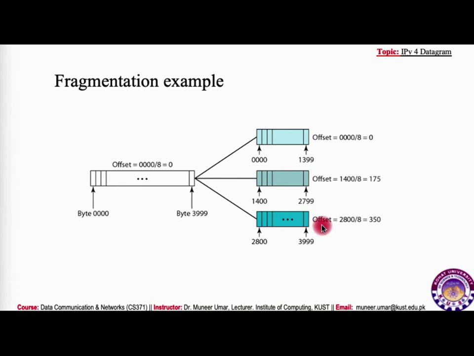This is done because the length of the offset field is only 13 bits long and cannot represent a sequence of bytes greater than 8191. This forces hosts and routers that fragment datagrams to choose the size of each fragment so that the first byte number is divisible by 8.